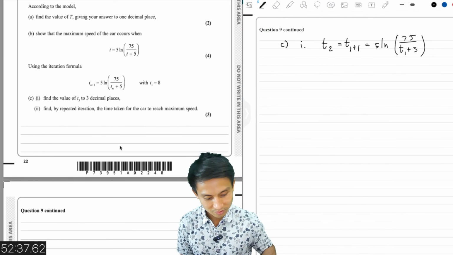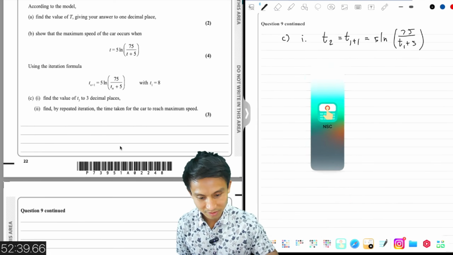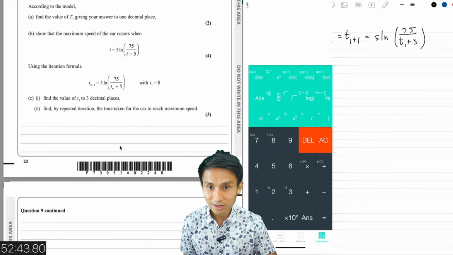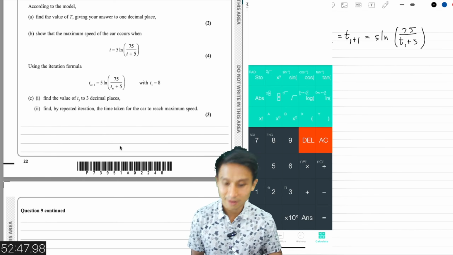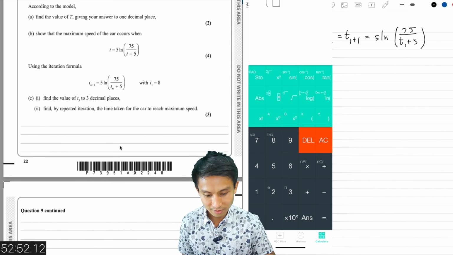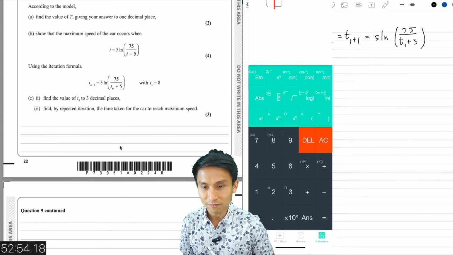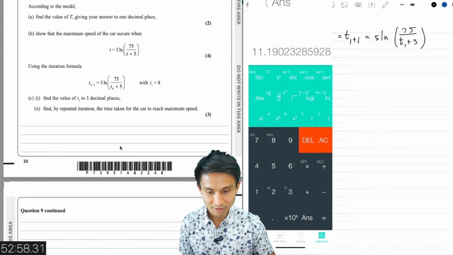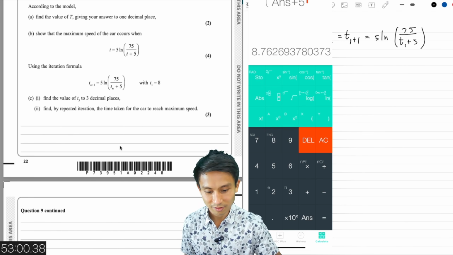I'm going to use this calculator because it's better for numerical. So 8 equals as an answer, and then clear, 5 ln fraction 75 divided by answer plus 5, close bracket.